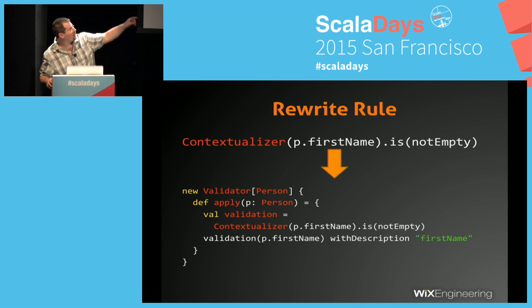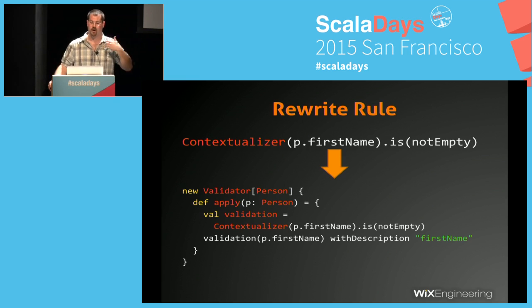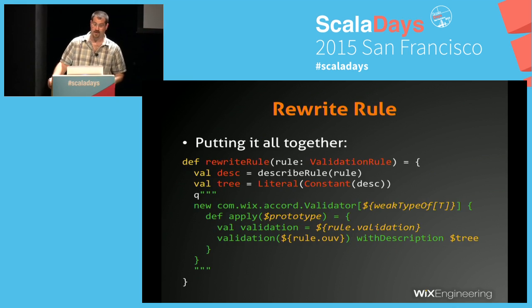No, what I mean is, this is not a quasi-quote. This is an example of what the result of a rewrite would look like. At this point I haven't actually done anything. I'm just giving you an example of what the result of rewriting that specific rule would look like, what the resulting code should be. So with this in mind, what I can now do with quasi-quotes is simply this.